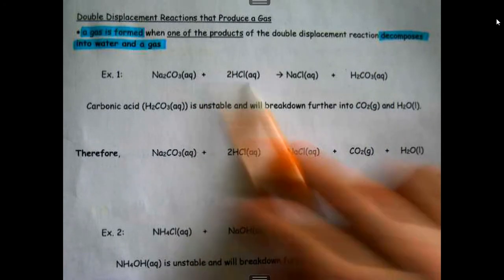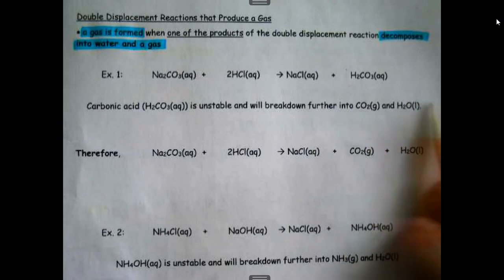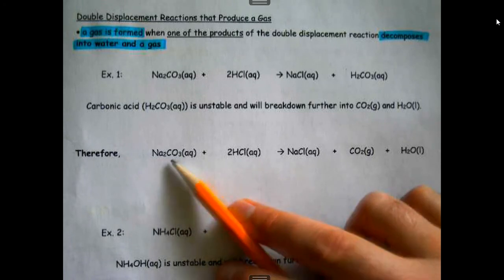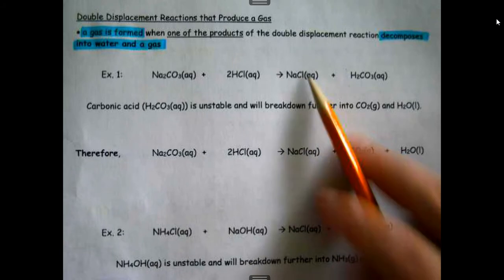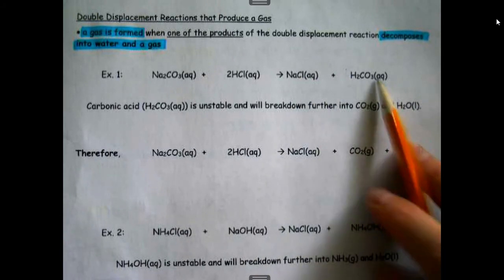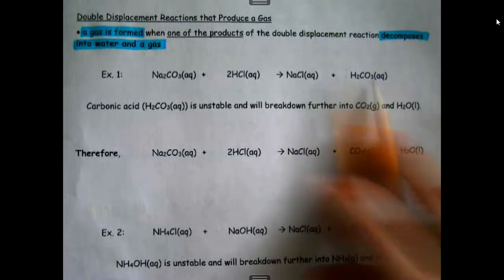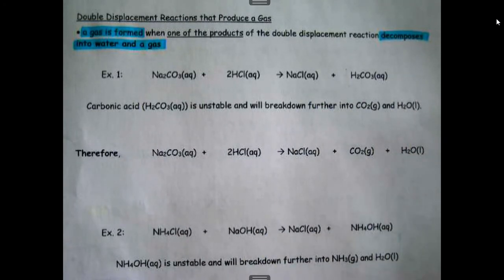Which is that when these things exchange, this is unstable the way that they organize, and they break down into these two products. So the full equation for this would be you take the two reactants as before, you have the NaCl, which is fine, but then you don't write H2CO3, you go right directly to CO2 and H2O. And see right here, you have aqueous, but now you have a gas and a liquid, and we know that reaction has taken place.